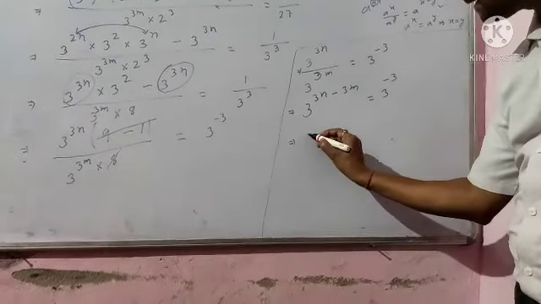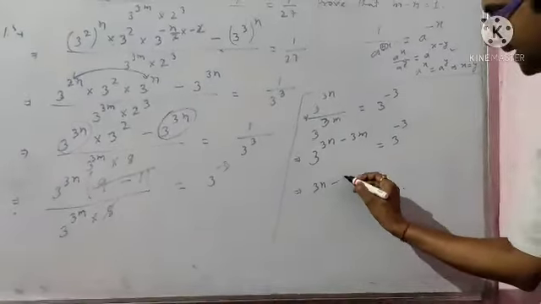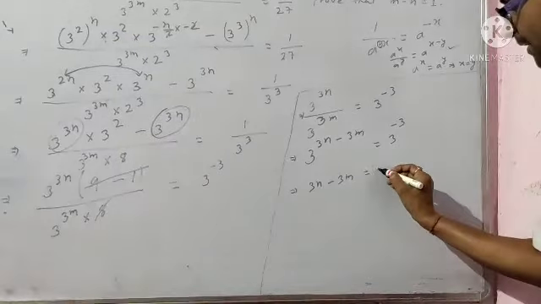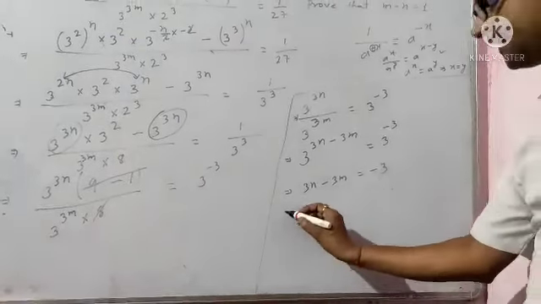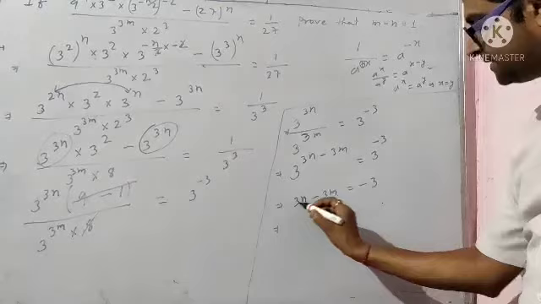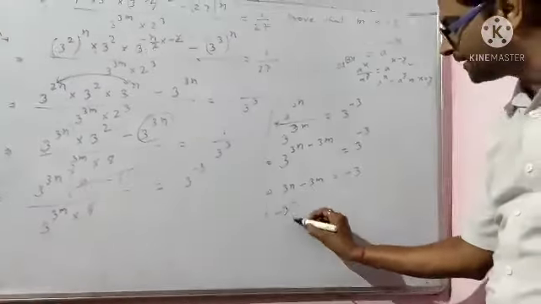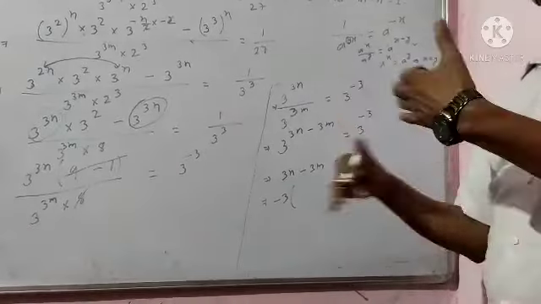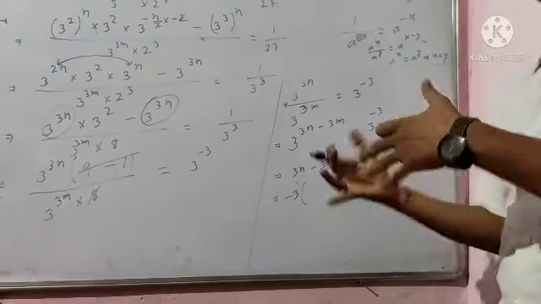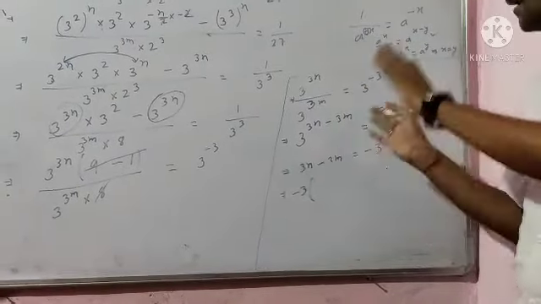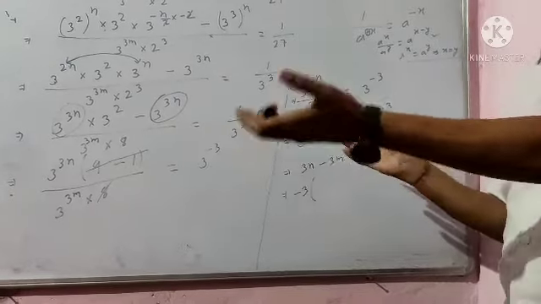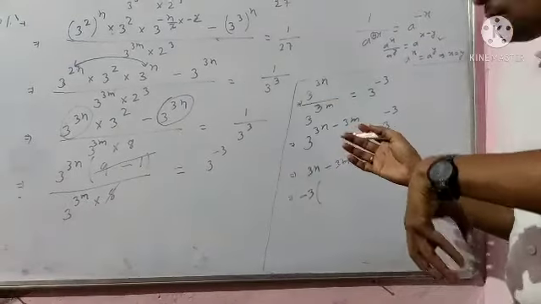Then we can write here 3n minus 3m is equal to minus 3. Then what is the common between these two terms? Take the minus 3 as the common, then sign will be changed. If negative value takes common, then sign will be changed. That means positive is converted into negative and negative is converted into positive.